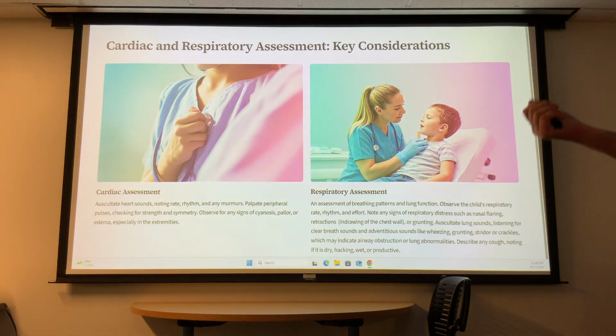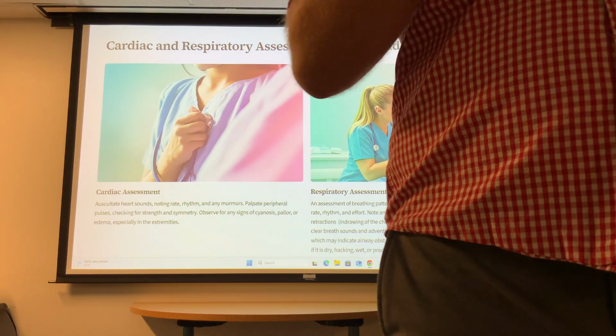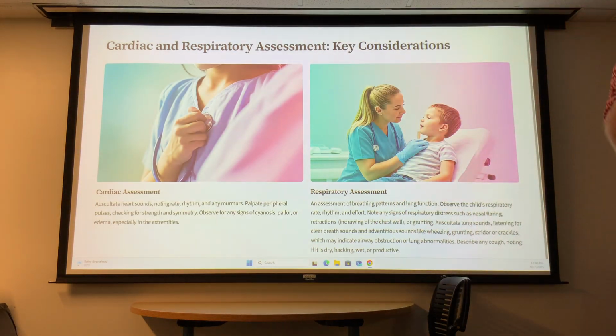So we'll talk more about that in respiratory next week. But stridor is in upper respiratory, crackles, wheezing is lower respiratory. Okay. Grunting, okay. Stridor could go along with an infectious process, or it could also go along with an obstruction, right? Maybe they swallowed something like a quarter.